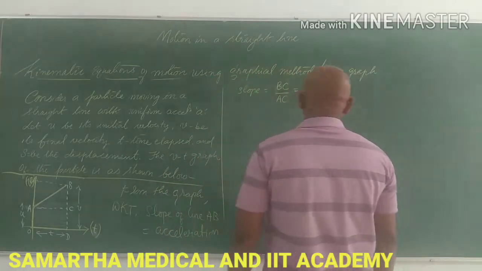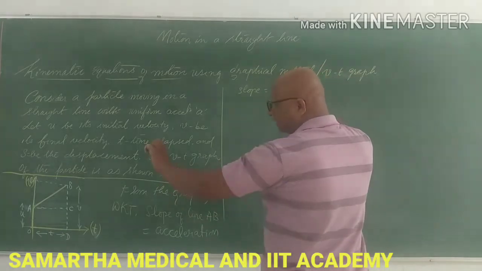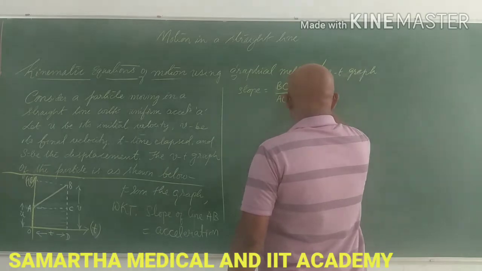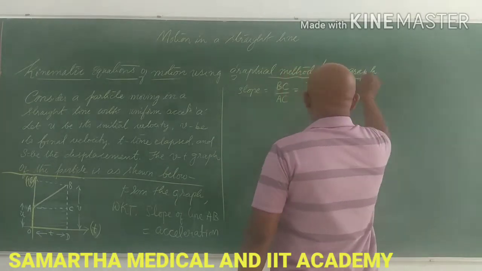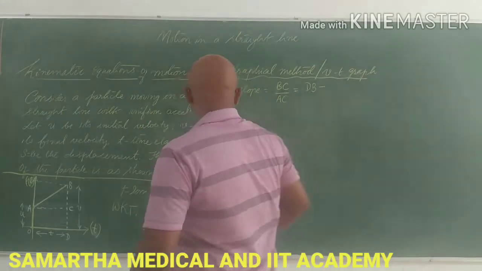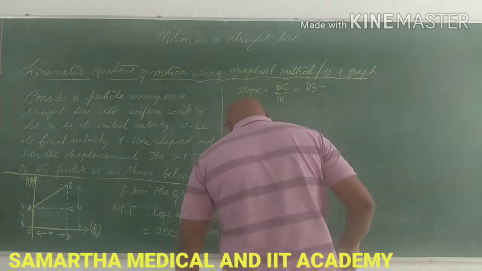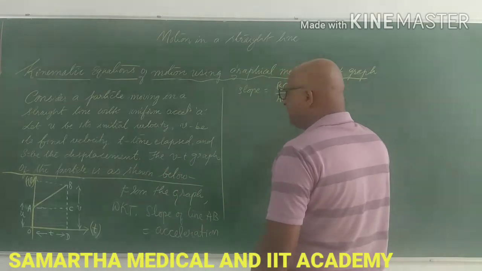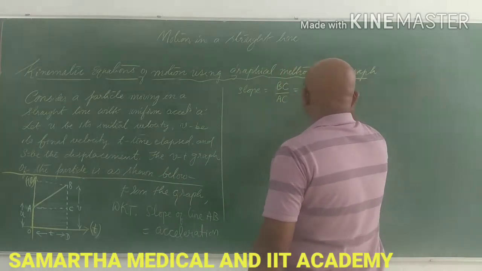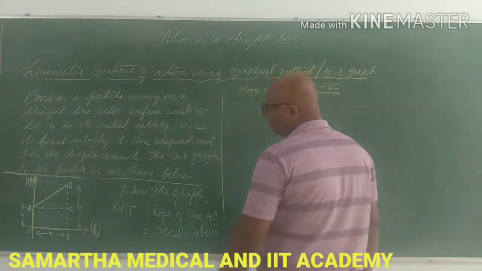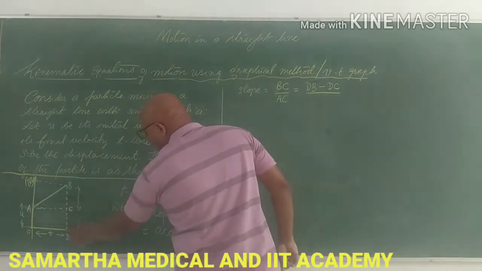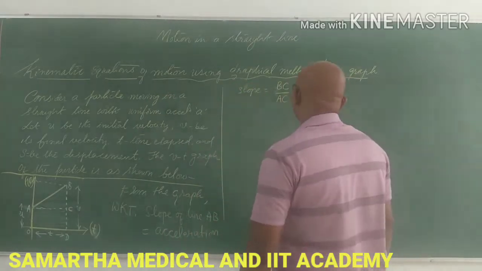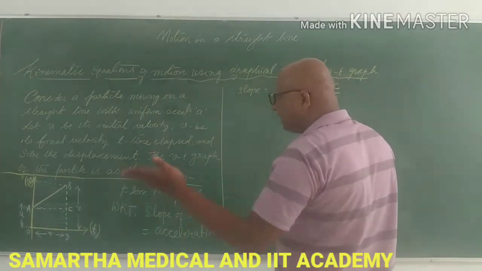BC is nothing but the value of dV minus dC, because BC is the remaining length of dV and dC. Okay, dV minus dC divided by AC.